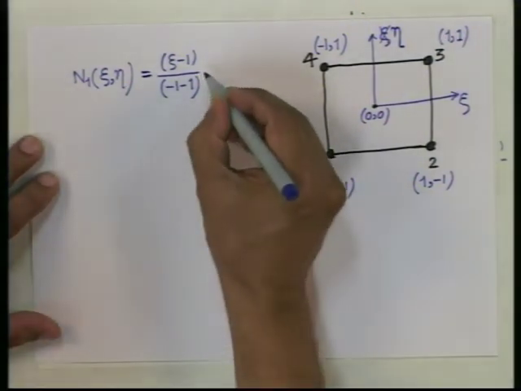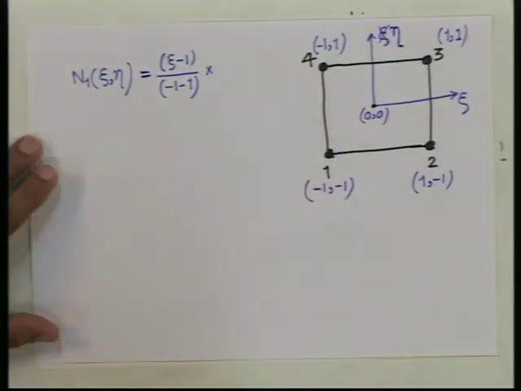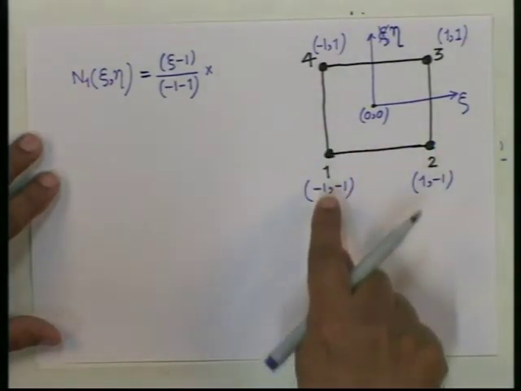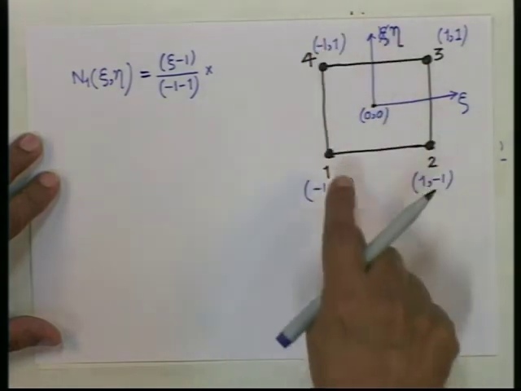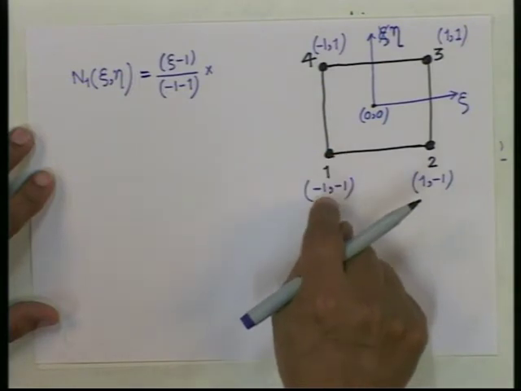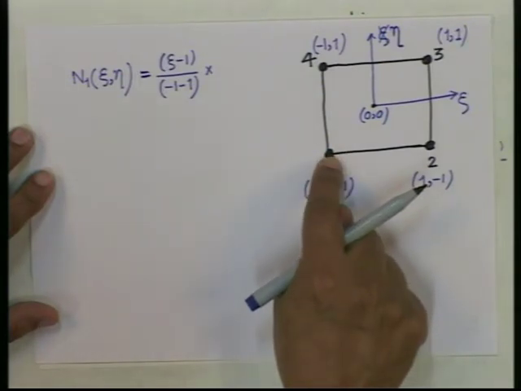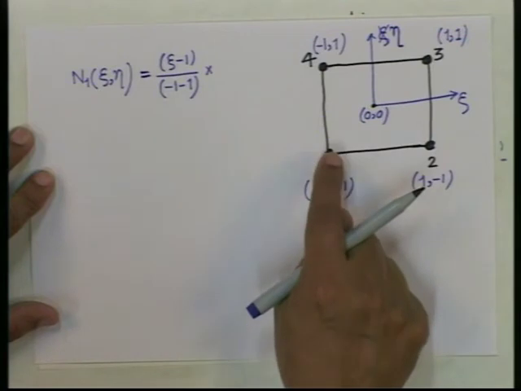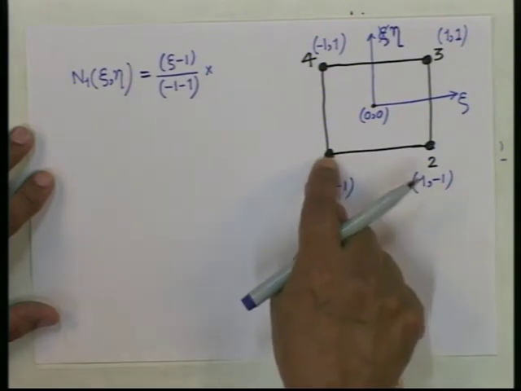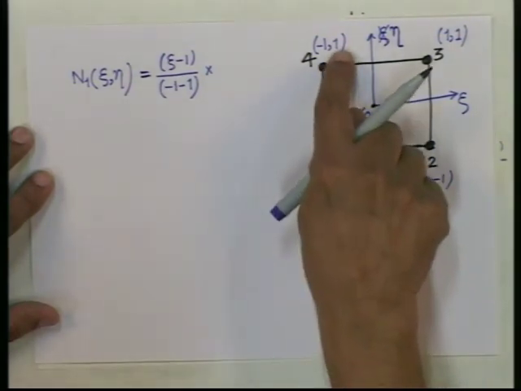Now, let us see what it is multiplied by. We have got it in one direction, now in the eta direction. What is eta minus what? Not this, it will be this. What is the coordinate here?